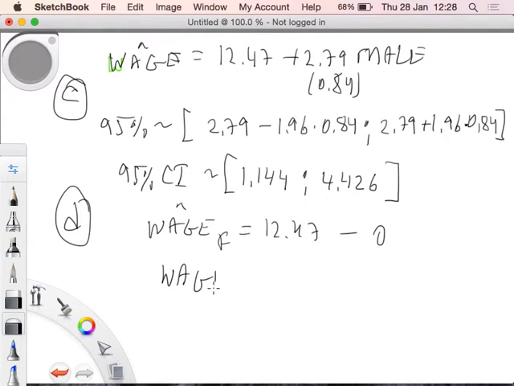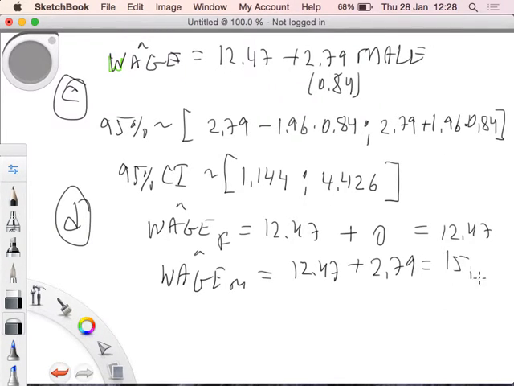Average wage for males was 12.47 plus 2.79. We just plugged in the values for the male variable. So what is this then? It's 15.68, sorry guys, this is 15.68.